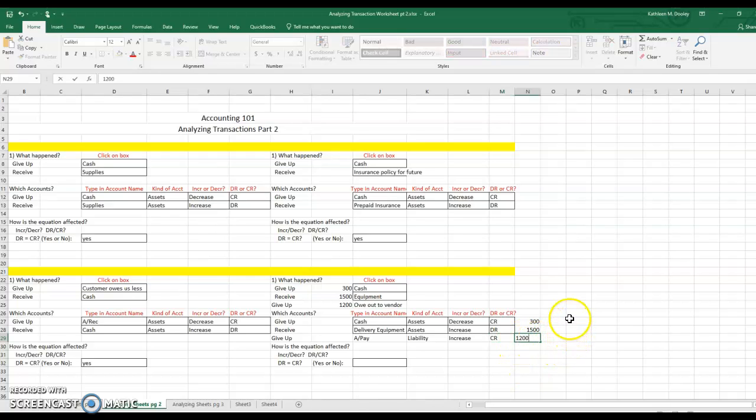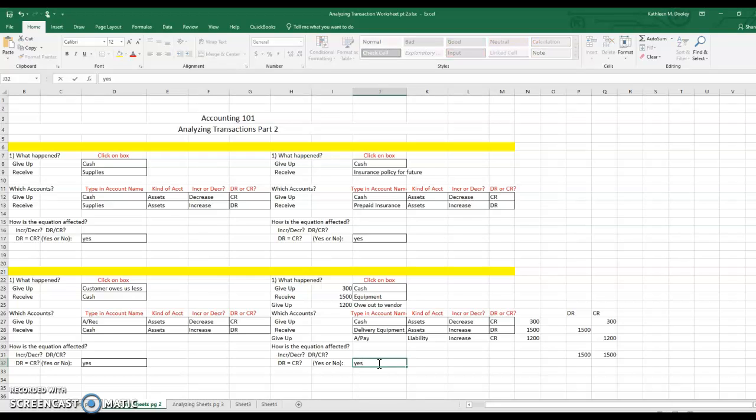Now if I take my debits, that is $1,500. My credits are $300 and $1,200, which equals $1,500. So my debits equal $1,500, and my credits equal $1,500. My debits do equal my credits.